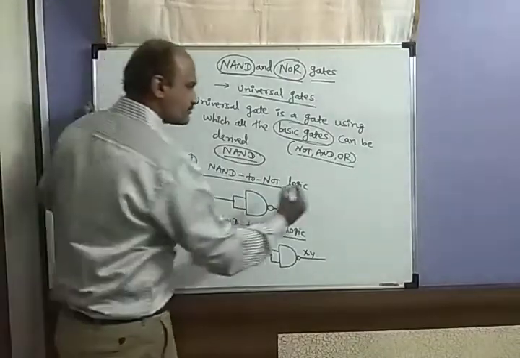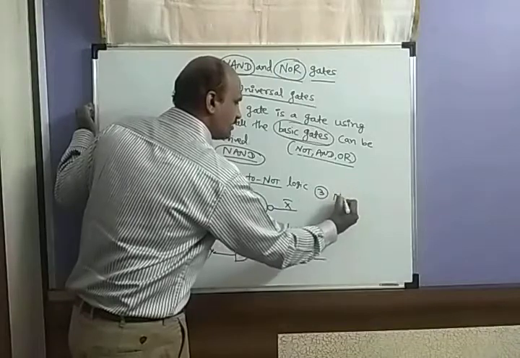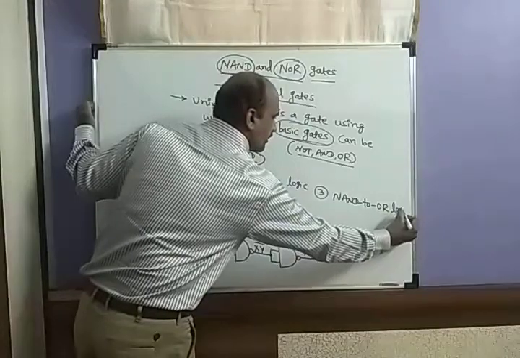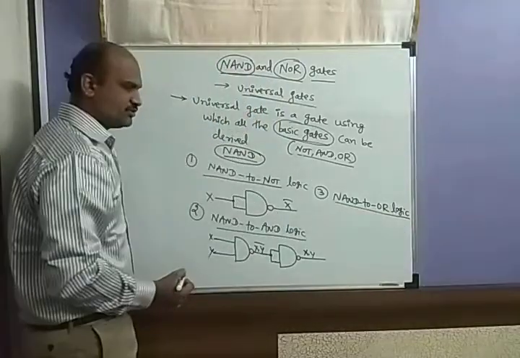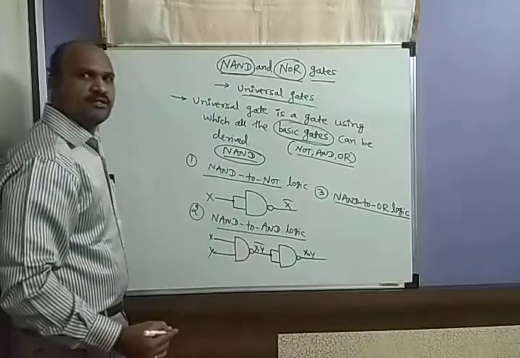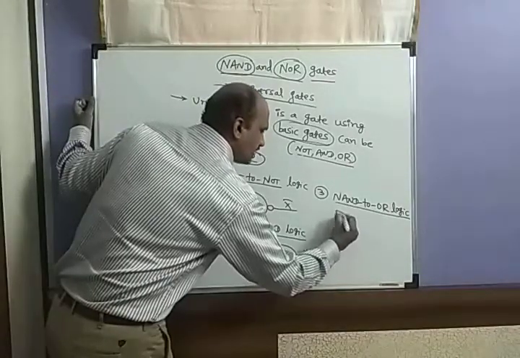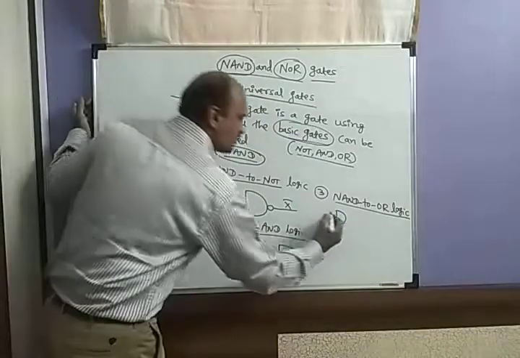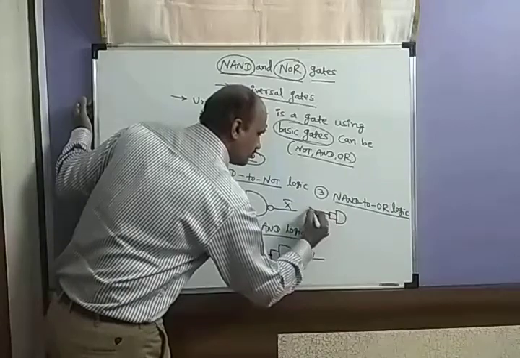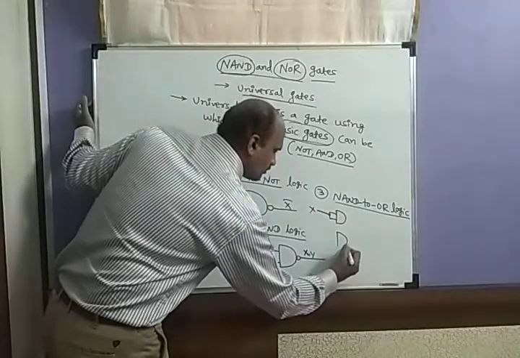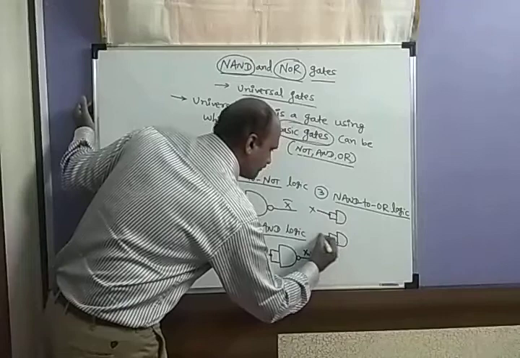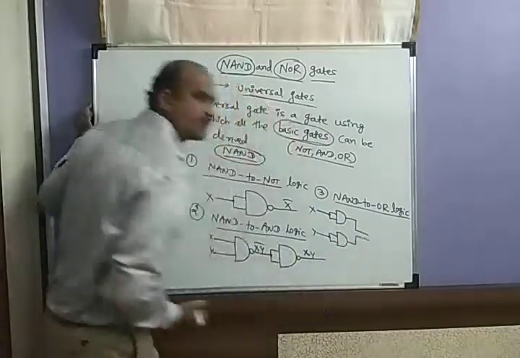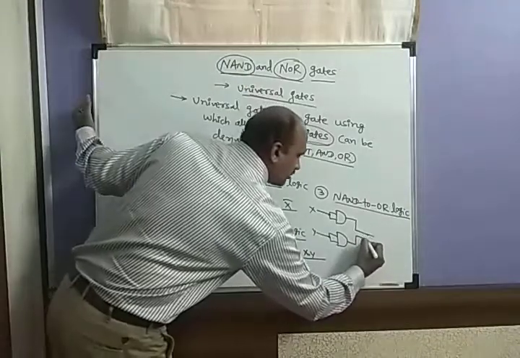And the third one, NAND to OR logic. Here X into Y was for AND. Now it should come X plus Y. You can take the two inputs separately, this is X input and this is Y input, and both can be combined.